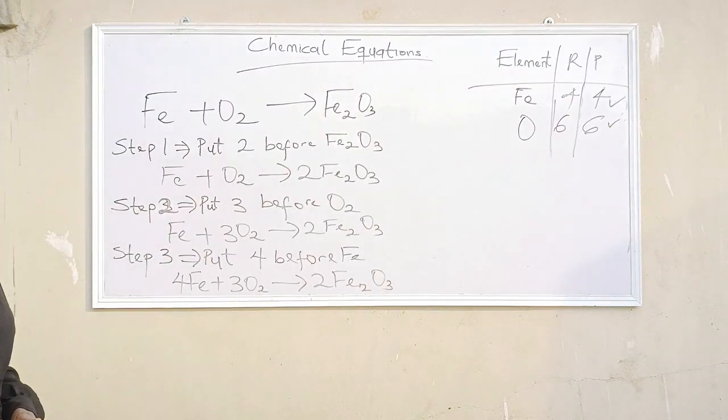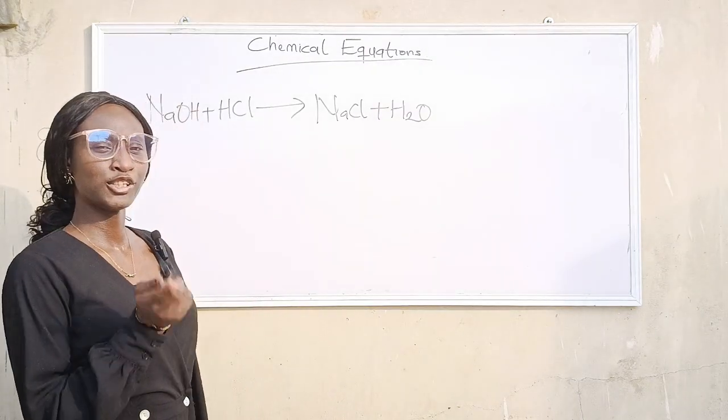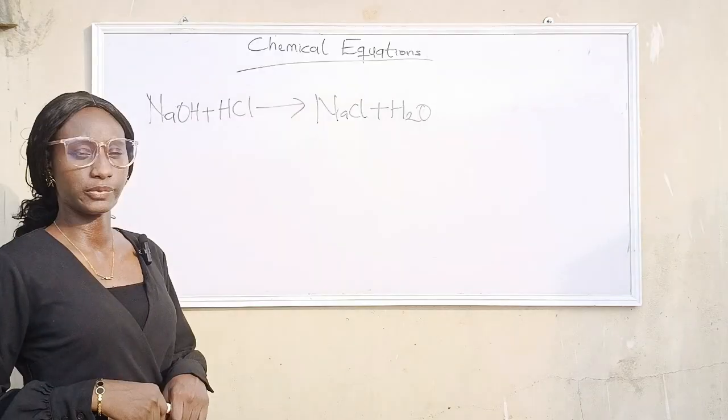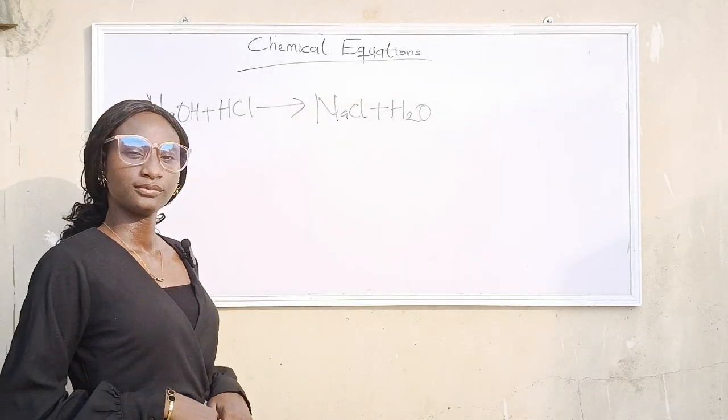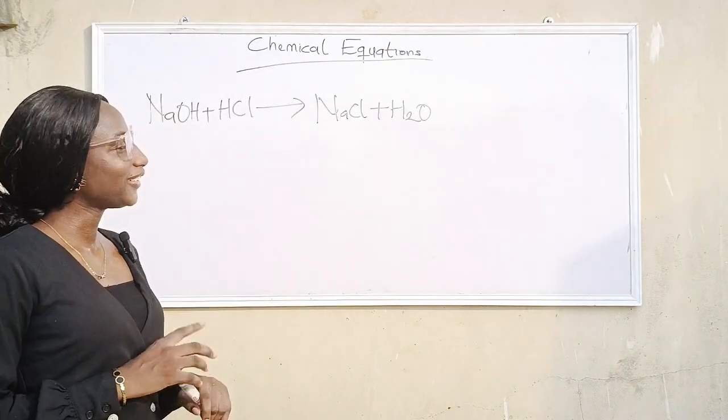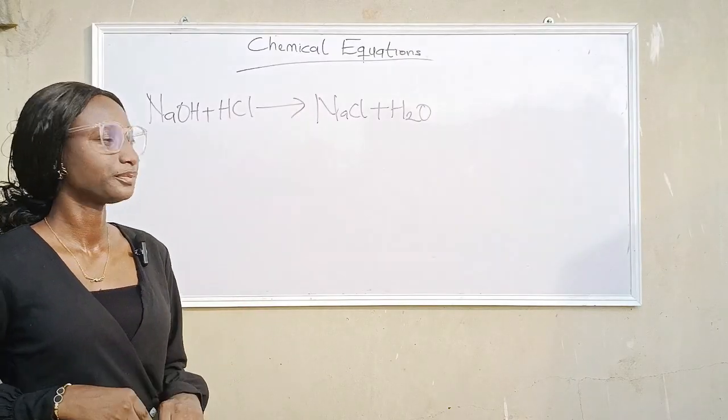So let's try out another example. Alright, I want you to pause this video and try if you would be able to solve this question. Okay, let me show you a quick way to solve this particular question.